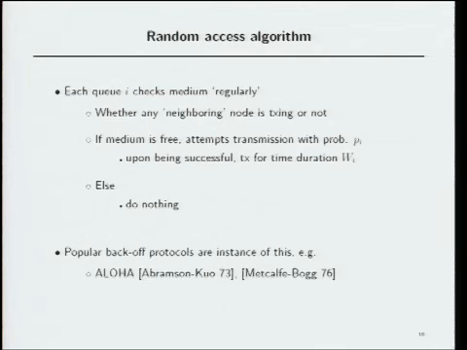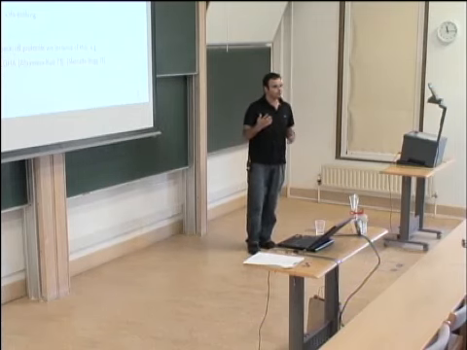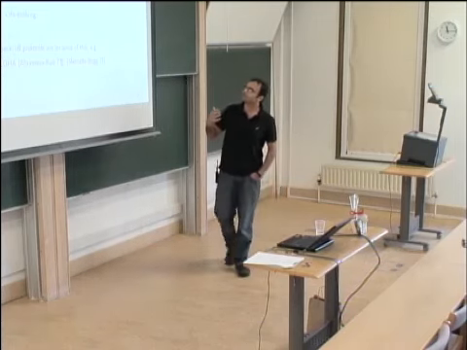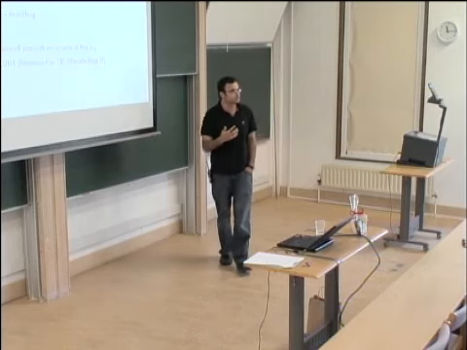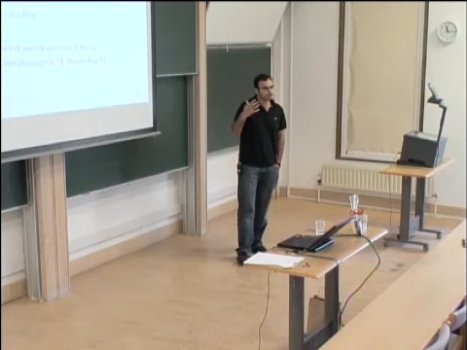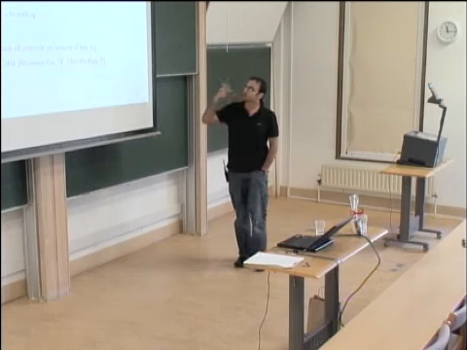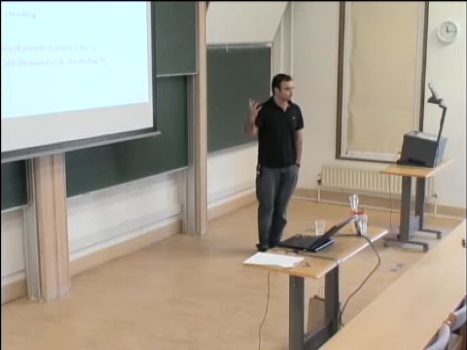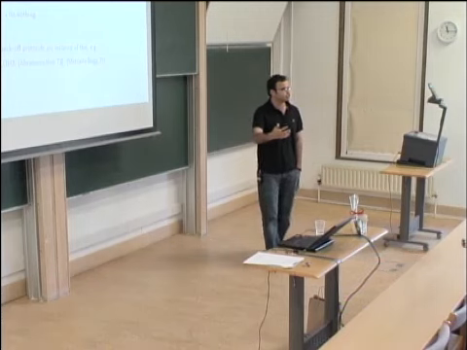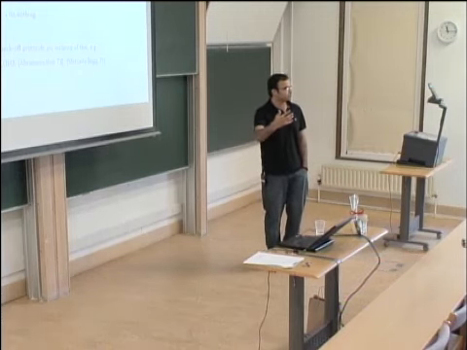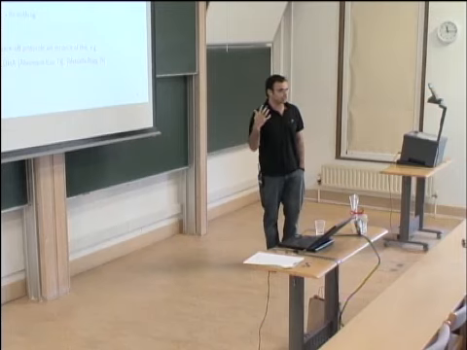Okay, so here's roughly how these random access algorithms look. Each Q is going to check the medium regularly, and the way it checks the medium could be randomized or deterministic. When it checks the medium, it will try to find out if any of its neighbors is transmitting or not. So there is this information available, whether any contending node is transmitting at a given time or not, that a node can access.